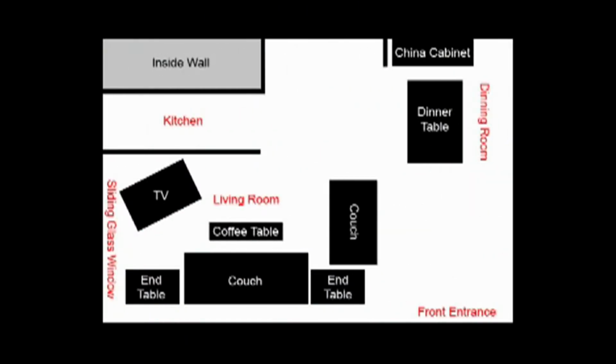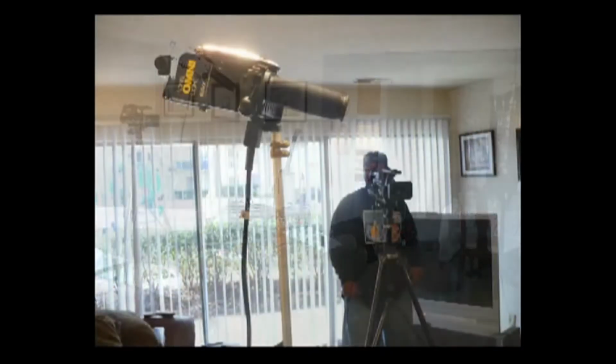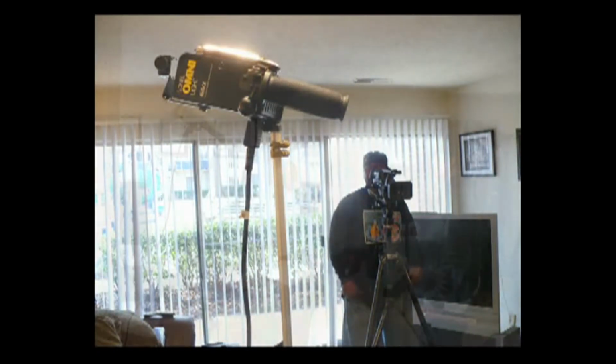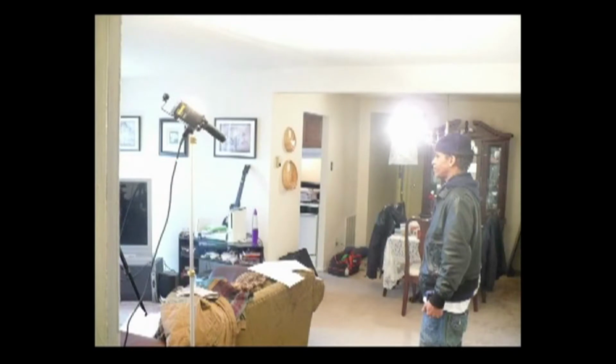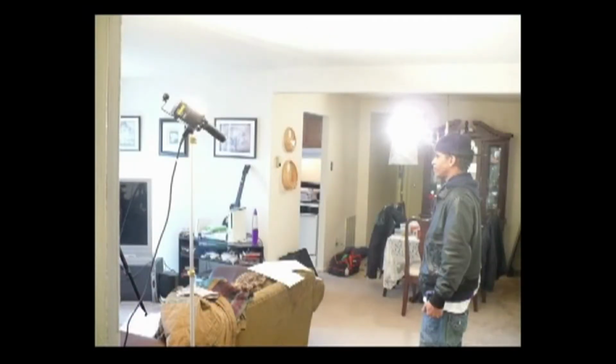What you're looking at is a layout of the room that we filmed in for all three lighting scenarios. For each scenario, we use one key light and one fill light, or a 2-point lighting system.